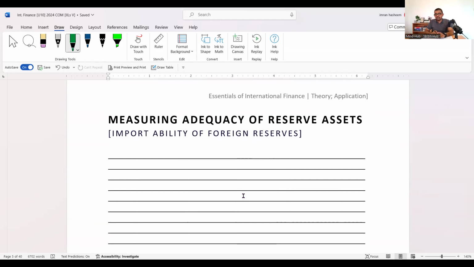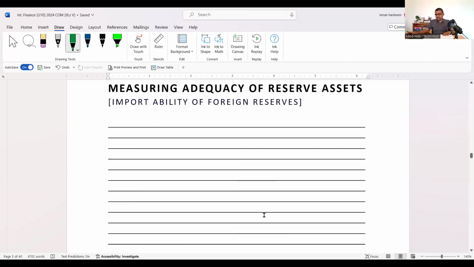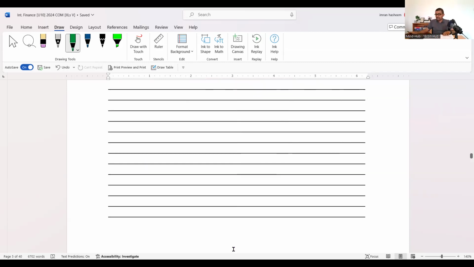How many months can we pay our import bill using only our foreign reserves? So normally we say for a stable economy, at least 6 months worth of importing ability should be there in terms of foreign reserves. Okay, it's a small concept, so I'll quickly do that and then we'll think about the conclusion of the session.